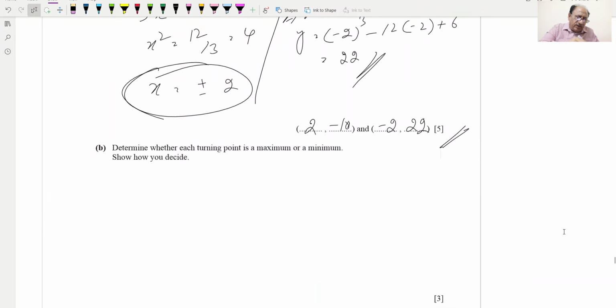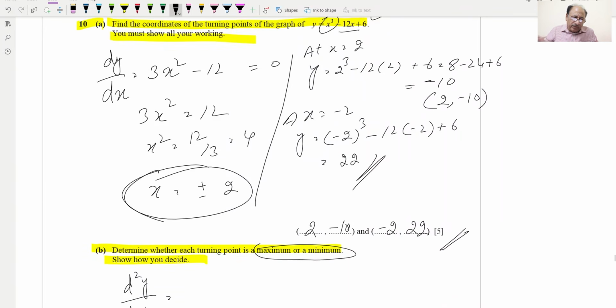Now determine whether each turning point is a maximum or minimum. Show how you decide. So for the maximum and minimum, we are using the second order derivative test. So d2y over dx squared, we will be taking the derivative of the derivative, and our derivative is this one.